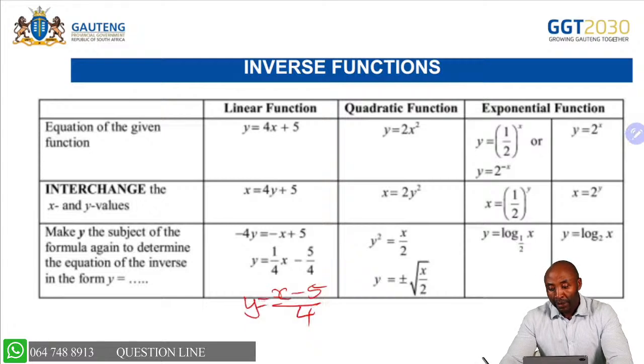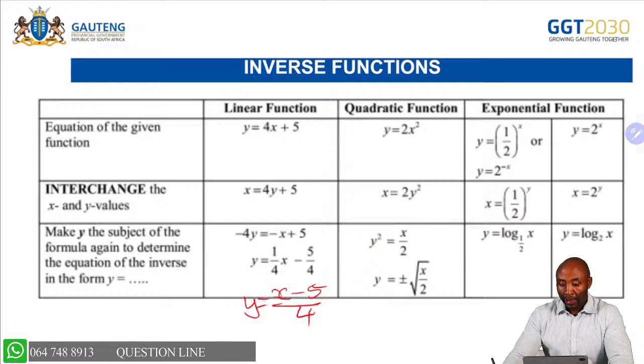And if we are given y is equal to 1 over 2 to the power x, or y is equal to 2 to the power x, we will interchange x and y, and we will get x is equal to 1 over 2 to the power y, or x is equal to 2 to the power y. Remember, we have to interchange x and y, and we have to make y the subject of the formula there.